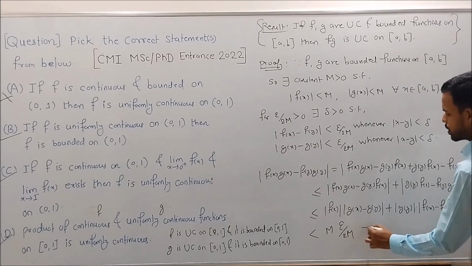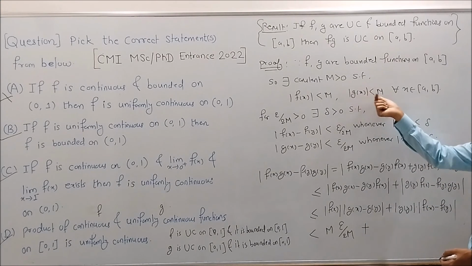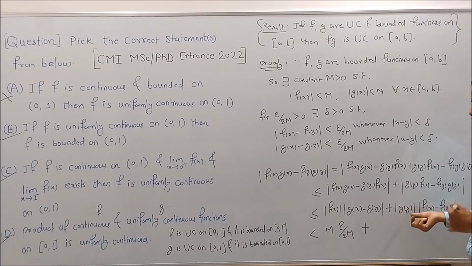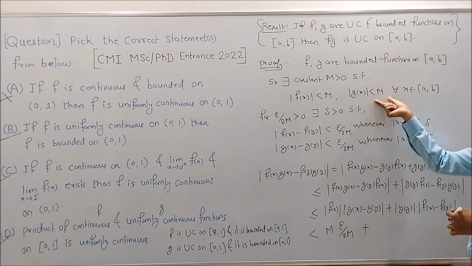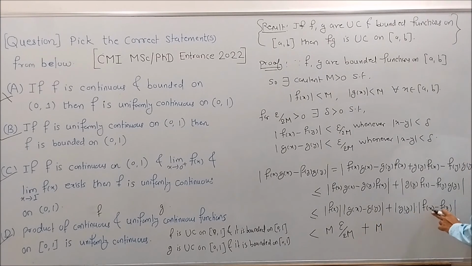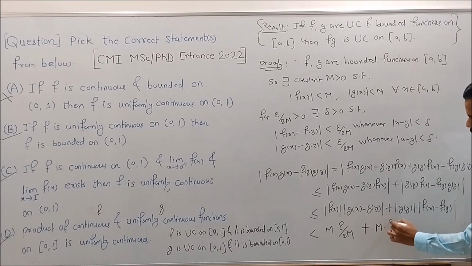Plus this is less than M, since mod of g(y) is less than M for y in closed interval [a, b], and this is less than epsilon by 2M by uniform continuity of f.